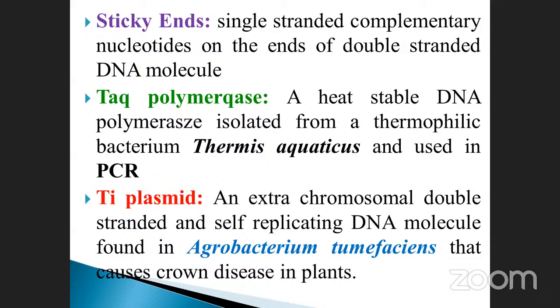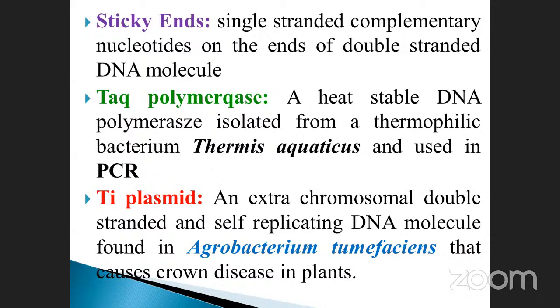Normally, each and every enzymatic activity is completed up to 42 degrees Celsius, isn't it? But in this category, the Taq polymerase is one of the heat stable DNA polymerases isolated from the thermophilic bacterium Thermus aquaticus and used in PCR. This enzyme will act up to 90 degrees Celsius.